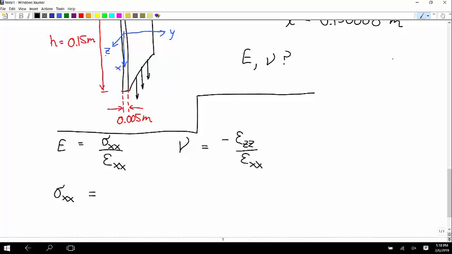It's not the length. It's the cross-sectional area like this. It's that cross-sectional area that the load direction is perpendicular to. That's what we're talking about for the stress.